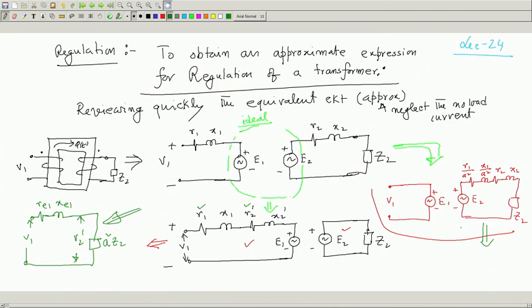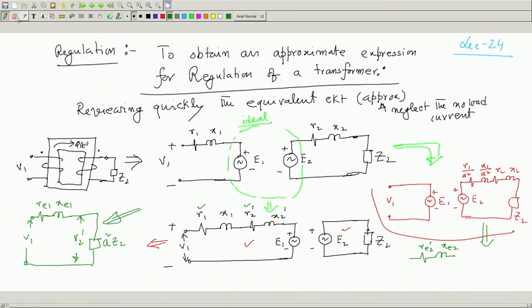Here similarly, this will be shown as R E 2, X E 2.